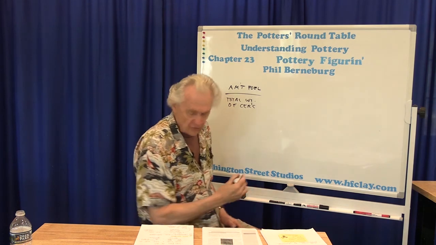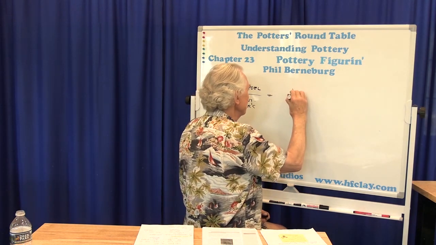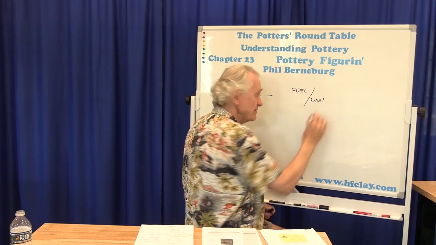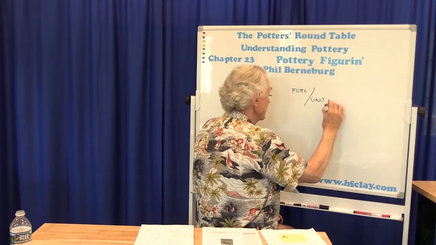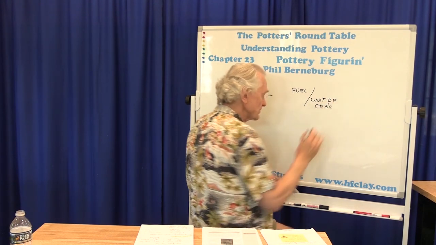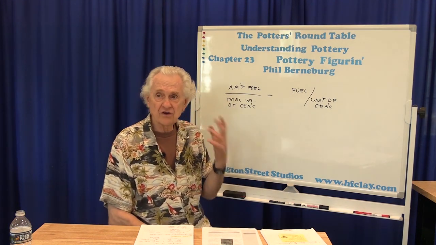Really what you want to get it down to is the amount of fuel per unit, maybe per pound, of ceramics. And this gives you a number that you can compare. It doesn't matter what kind of kiln it is.